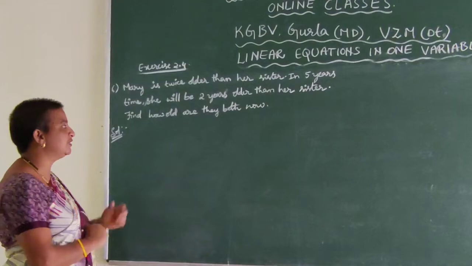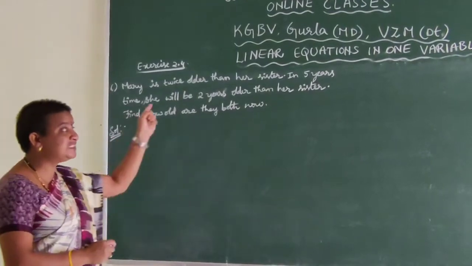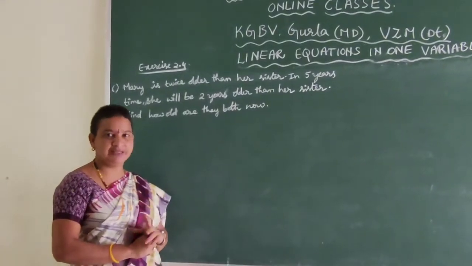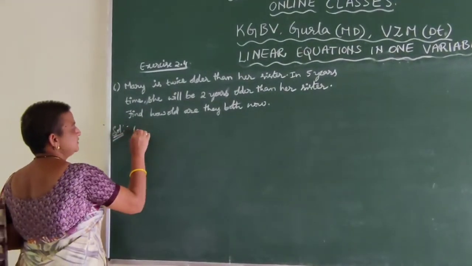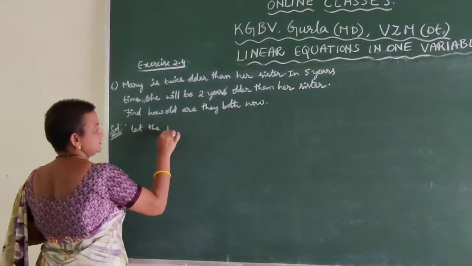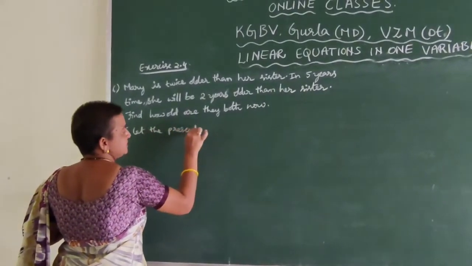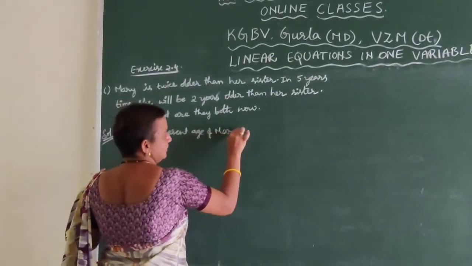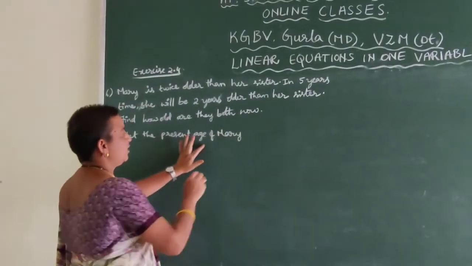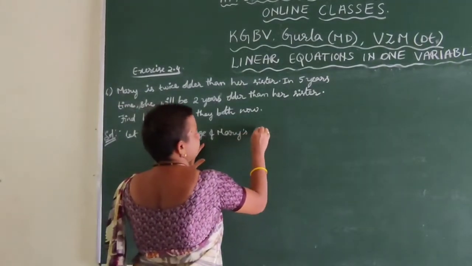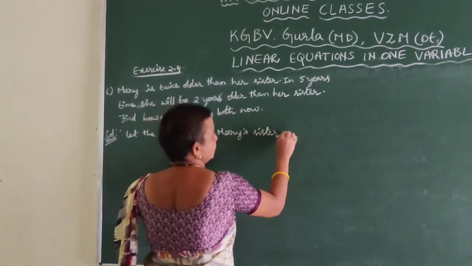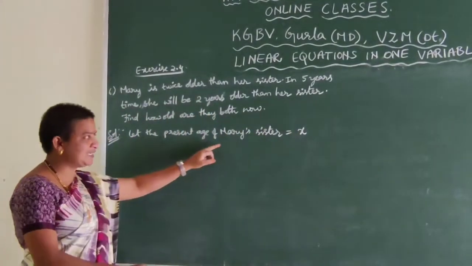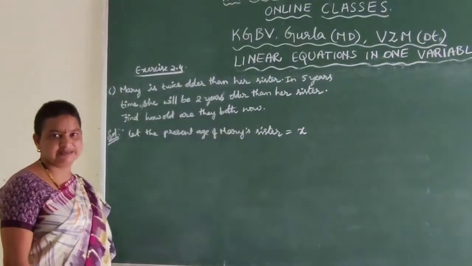Then only we can know the age of Mary. So, okay children, first we have to let the present age of Mary's sister be x. Variable x. Let the present age of Mary's sister be x.